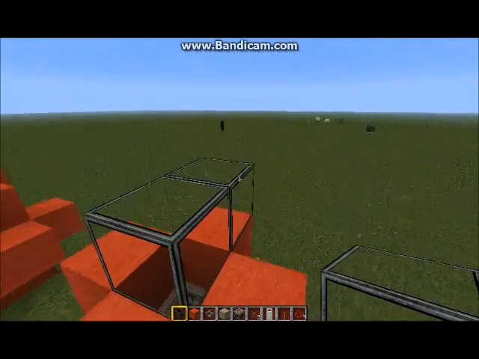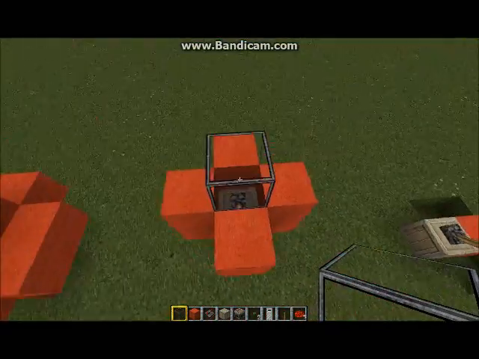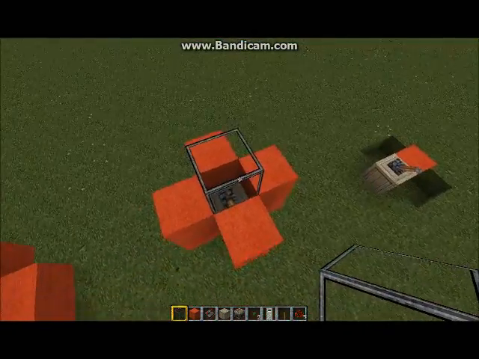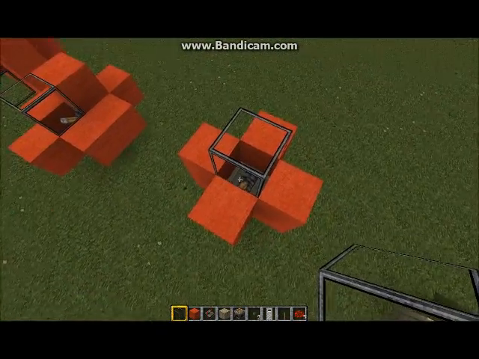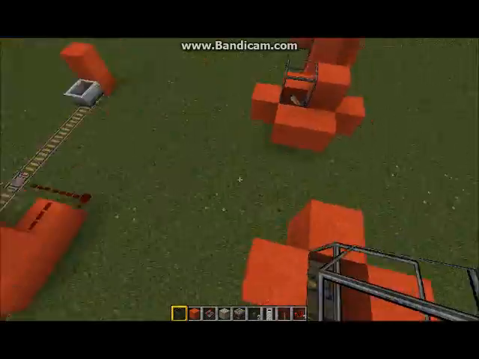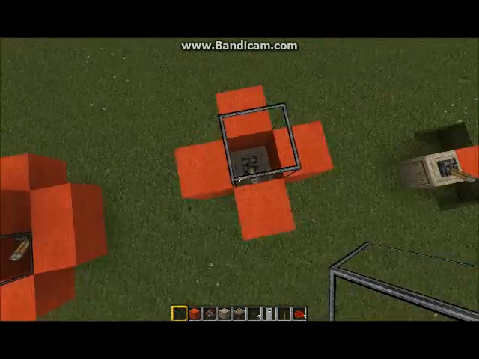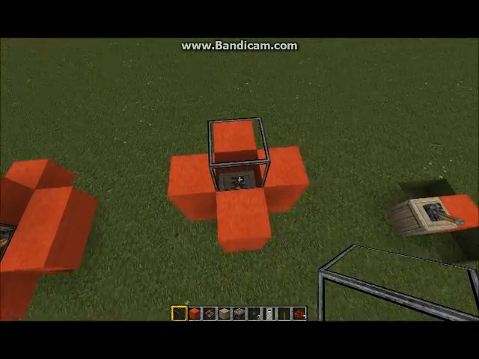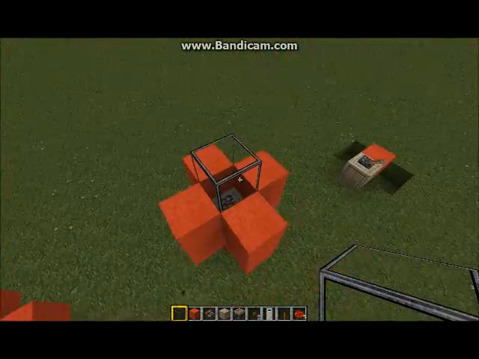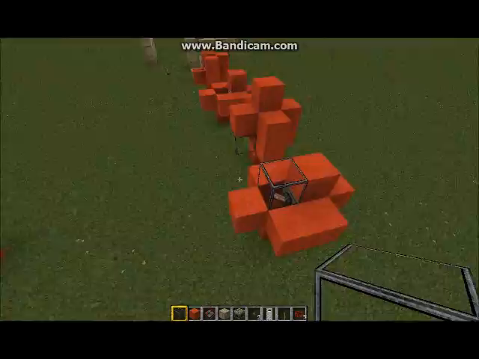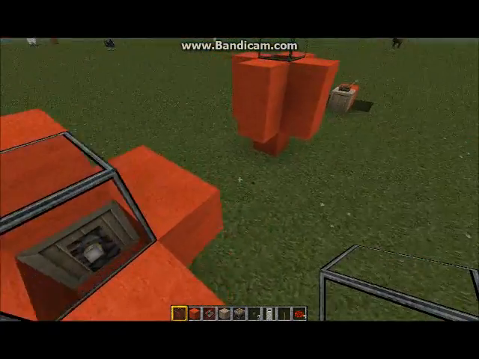This glass block here represents devices. If a device is where this glass block is, it will operate that device. But you can't put redstone dust on top of a lever, so that's the only reason that block isn't powered. Same thing over here.